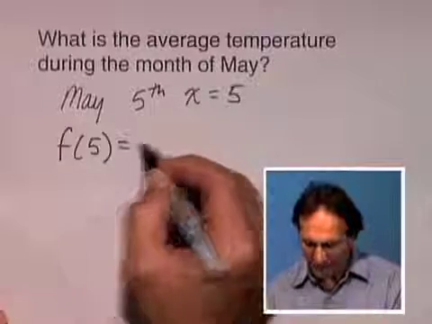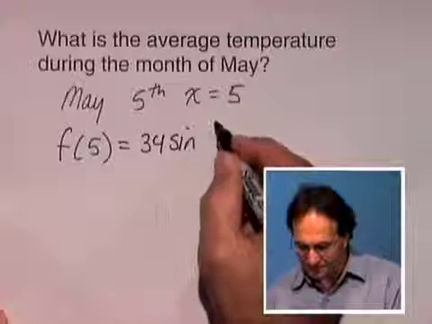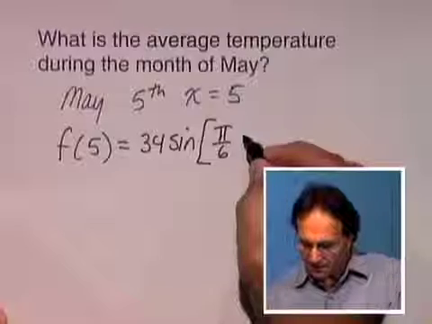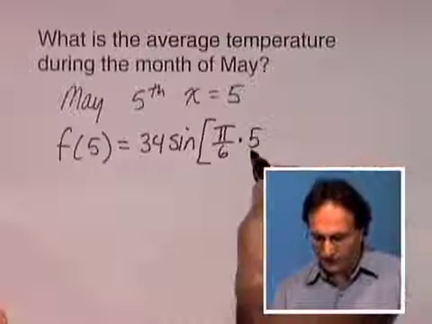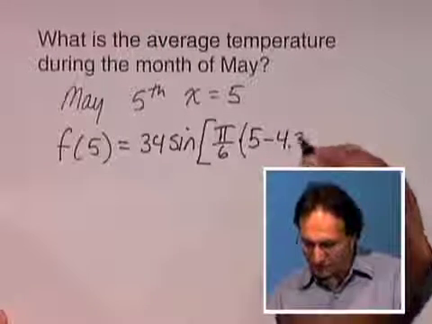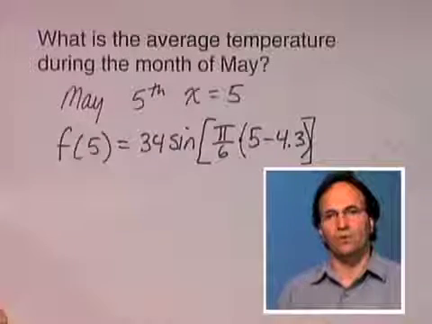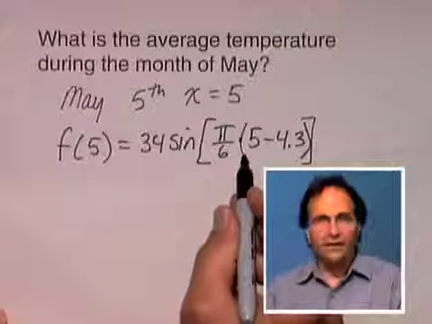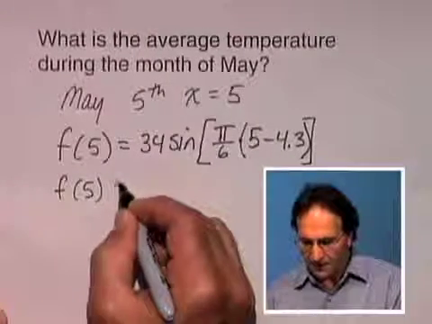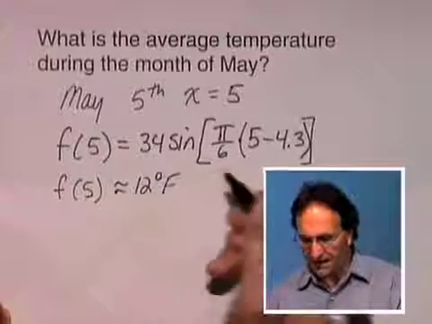So f of 5 is equal to 34 times the sine of pi divided by 6 times the 5, which is the x, parenthesis, the 5 minus the 4.3, and close the parentheses, and then close the square brackets. When we evaluate this, of course, we'll do it on the calculator, and we'll find that f of 5 is approximately equal to 12 degrees Fahrenheit.